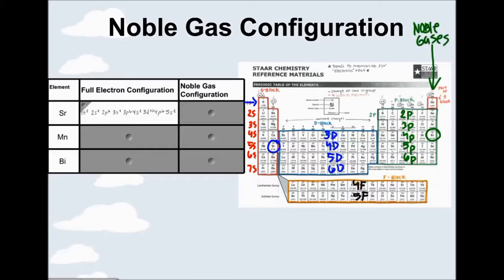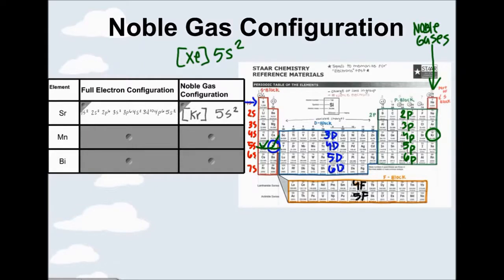You like noble gases because they give you a cheat on your configurations. So I'm going to start with xenon then, instead of at the top with hydrogen. And then all I have to do is write what's after xenon that gets me to strontium, which would be 5s and then 2 electrons, right?